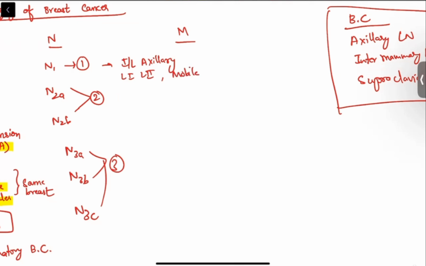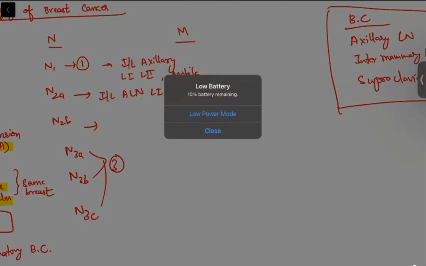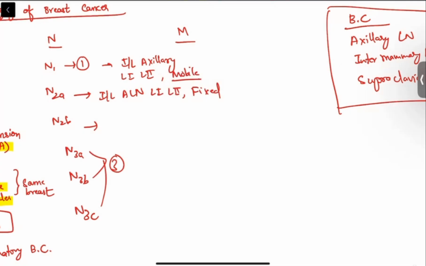N2A is metastasis to same ipsilateral axillary lymph node, level 1, level 2, but these lymph nodes are not mobile, they are matted or fixed. That is N2A. N2B is the tumor has spread to internal mammary nodes.